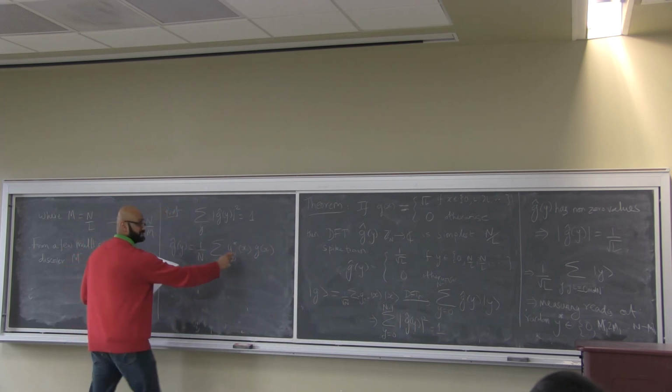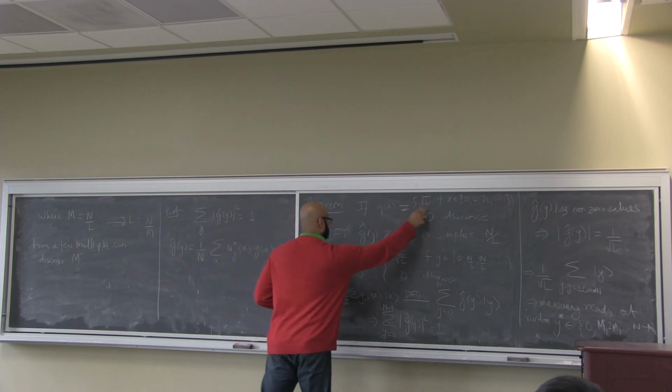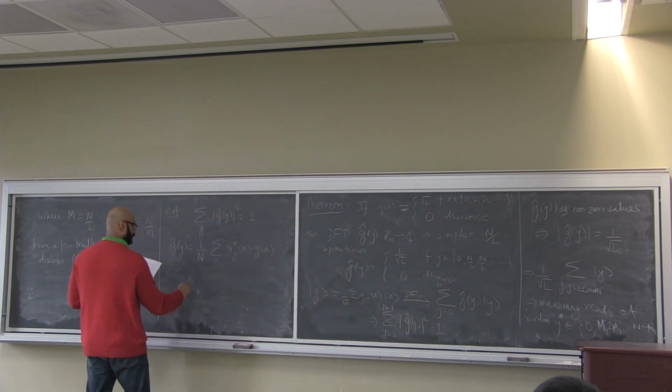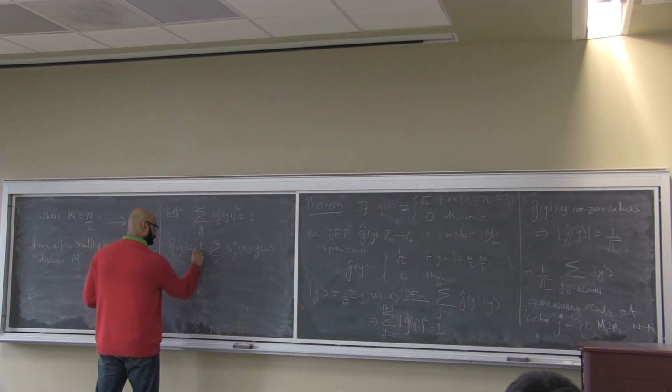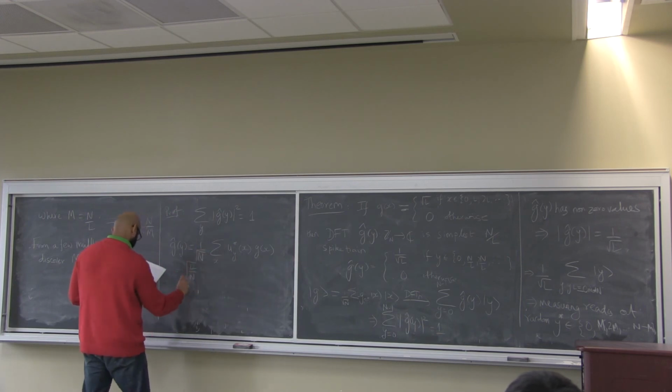And now I substitute the value for g of x, which is the square root of L, which was 1 over n. Let's see, I'm missing a square root of n. Where is that one? So this should be square root of L over n.